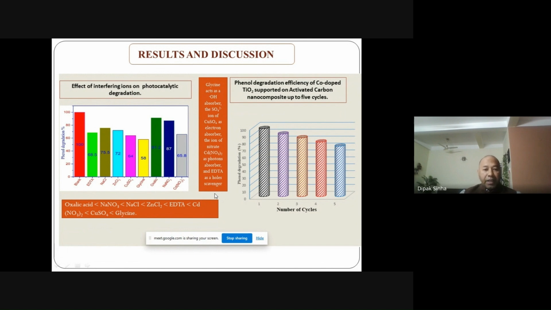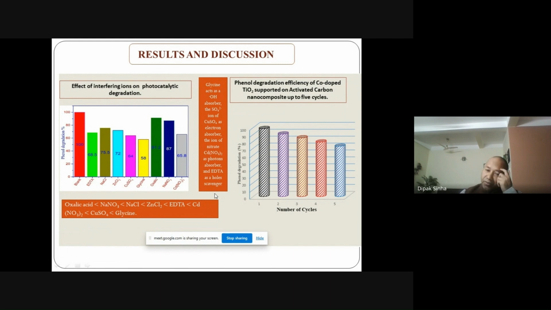For example, glycine is known as an OH radical absorber. If the OH radicals, which are mostly responsible for the oxidation, are absorbed by glycine, it is expected that the degradation efficiency will go down.